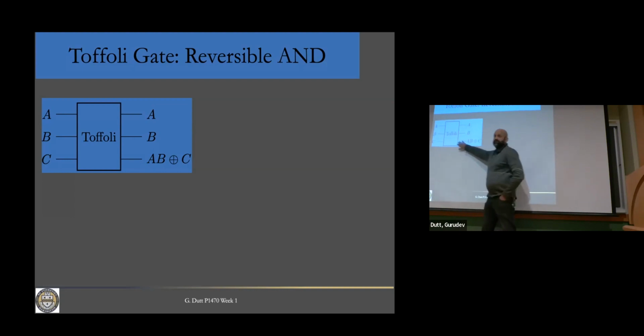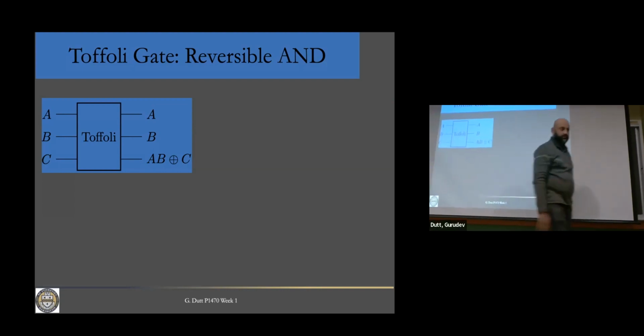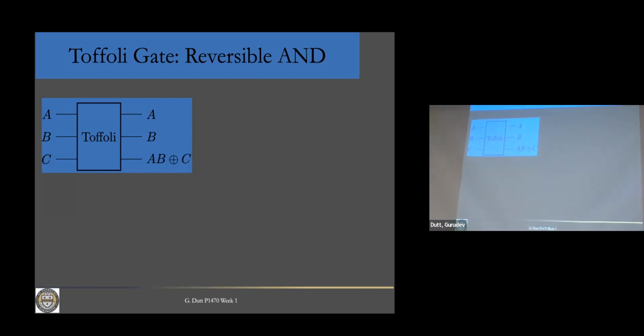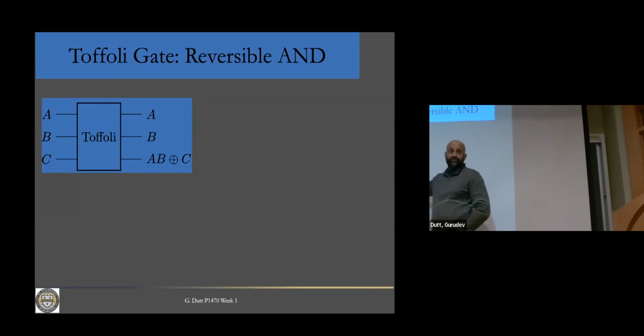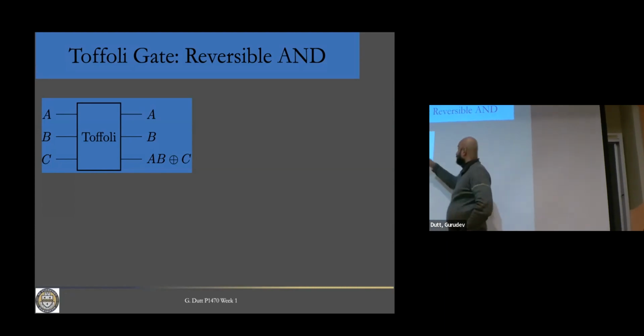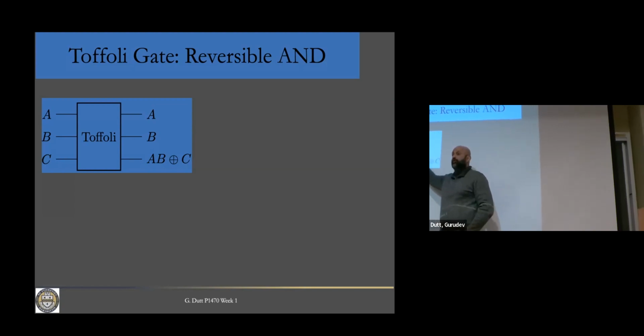Then we do an operation on C that will allow us to reconstruct all three, A, B, and C. Because it's an AND gate, that operation is just AB plus C, where plus here is modulo 2, which is XOR. Also notice I've allowed A and B themselves to flow through to the end.